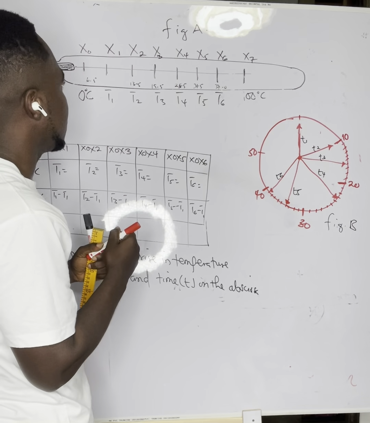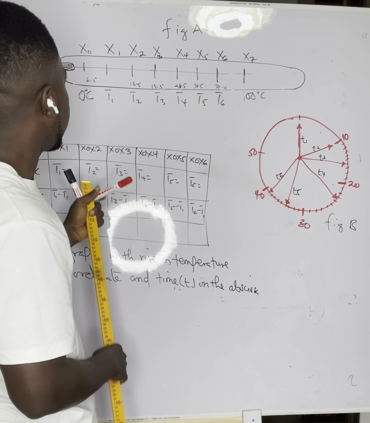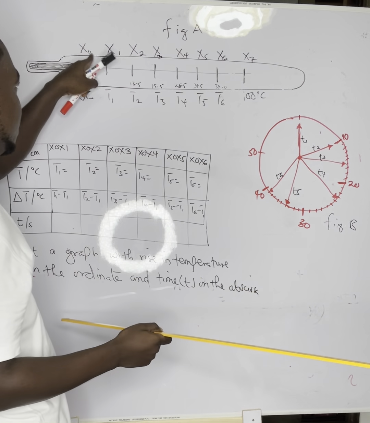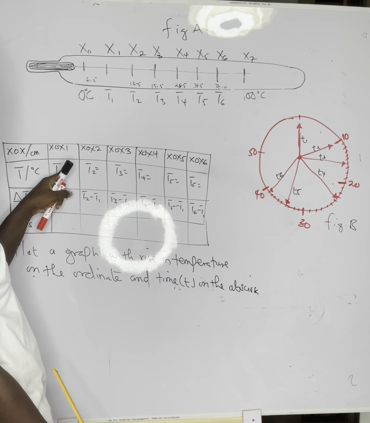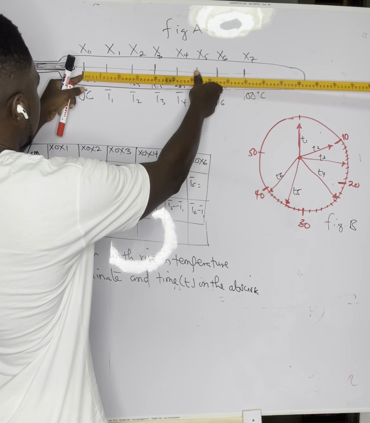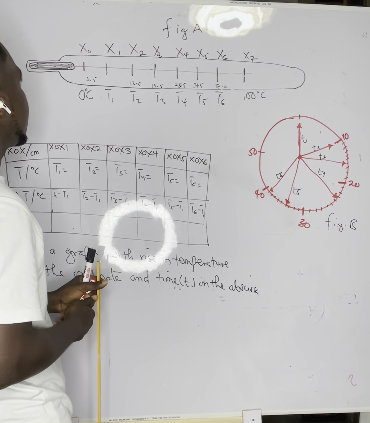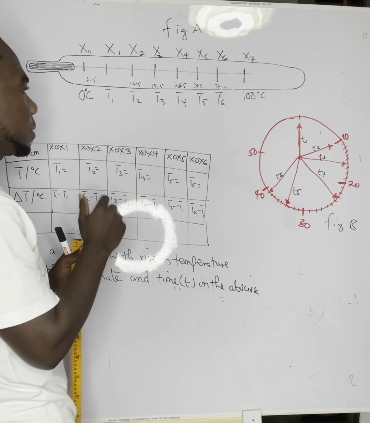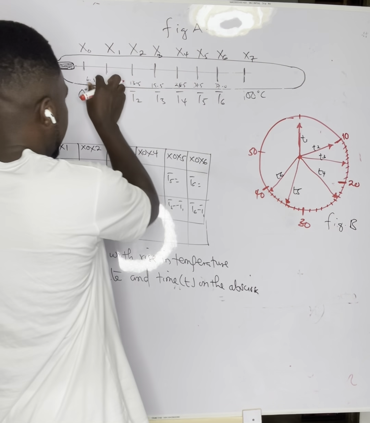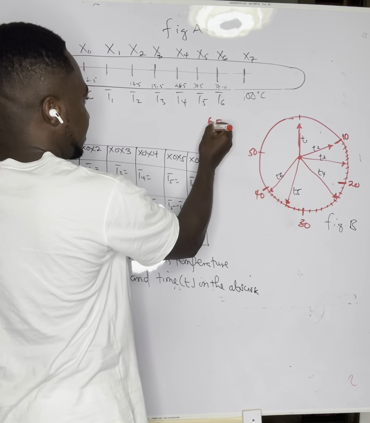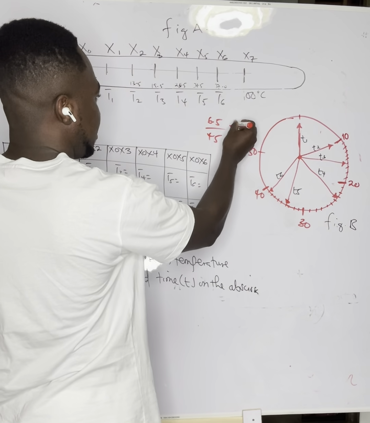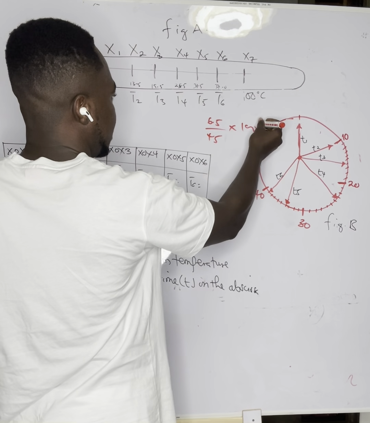With the 45, it means that to get your corresponding temperature T1, we need to measure from X0 to X1. Measuring from X0 to X1 will give us 6.5 centimeters. So the corresponding temperature T1 will be the length here, 6.5 centimeters, over the total length, 45 after measuring, multiplied by the upper fixed point, 100 degrees Celsius.